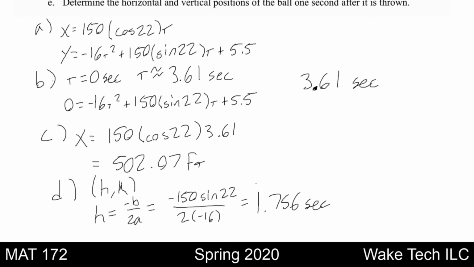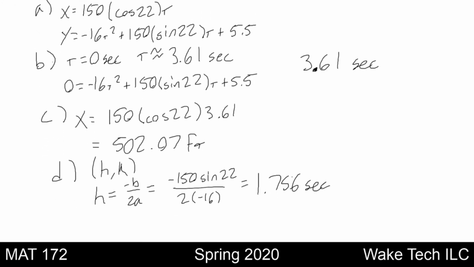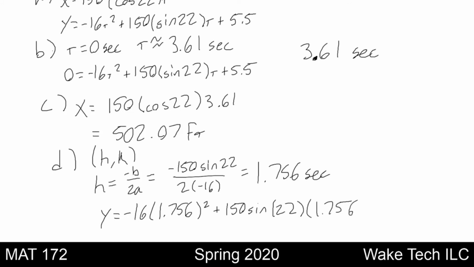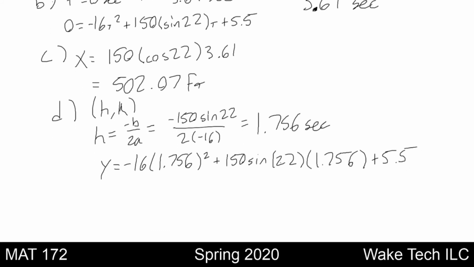The maximum height itself can be found by plugging the 1.756 back into the y equation. In other words, it would find k. So we have y is equal to negative 16 times 1.756 squared plus 150 sine 22 times 1.756 plus 5.5, which, when we plug that into a calculator, we find 54.8348.